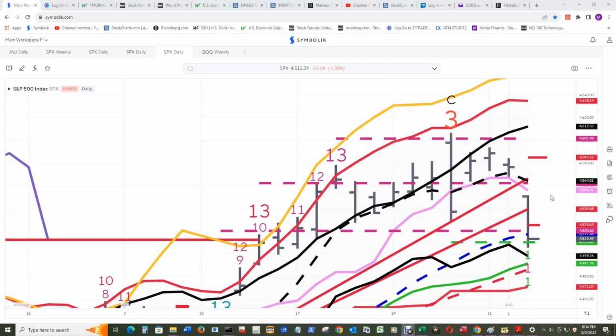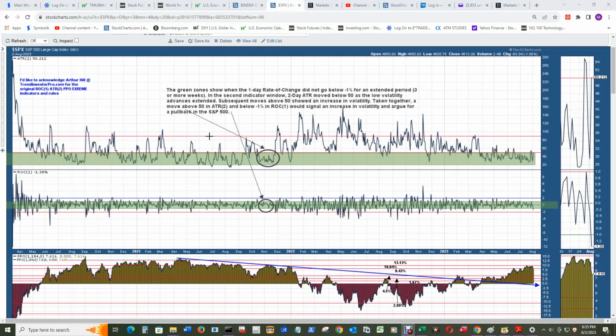I'm going to show quickly the PPO Extreme, ROC 1 and ATR 2 chart, and then everybody gets to take a look at the big board. The ROC 1, ATR 2, and PPO Extreme chart shows the volatility regime is on. I knew that when ATR2 poked its nose above the positive 50 line the other day, and the ROC 1 almost went above positive 1, that there was going to be some volatility.